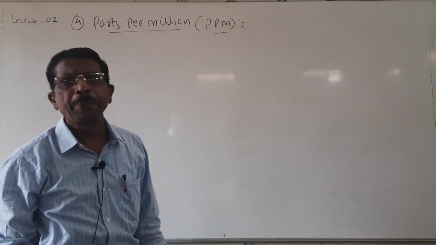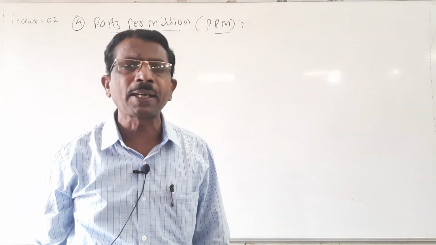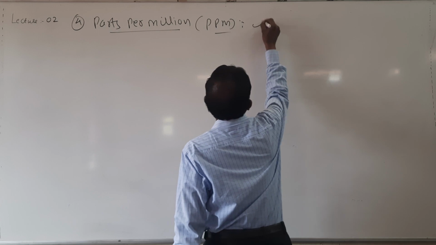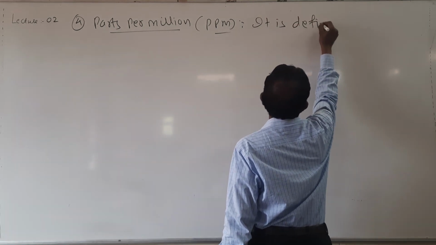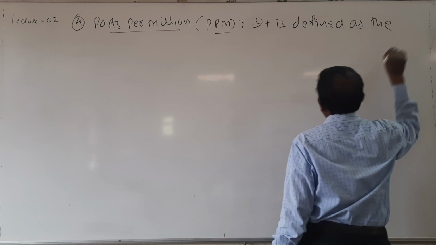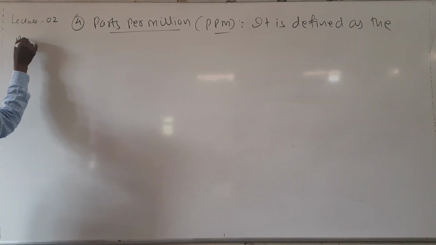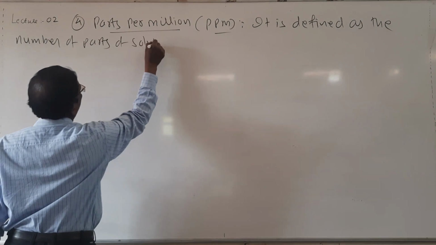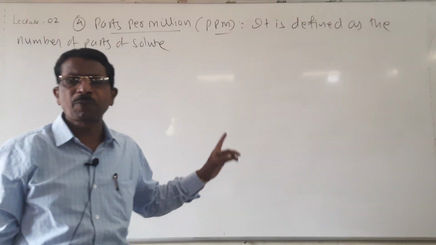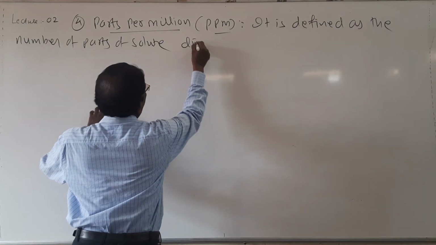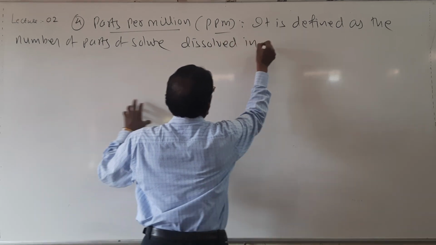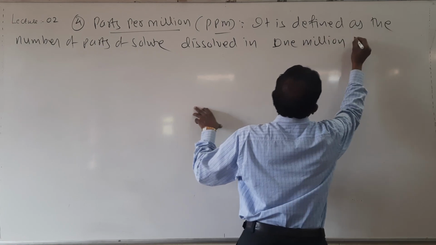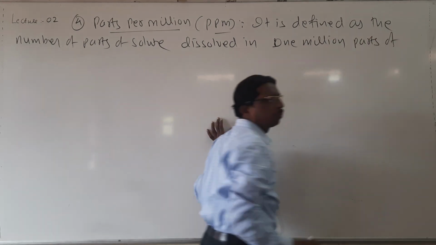Parts per million means 10 raised to 6, 10 to the power 6. Here it is defined as the number of parts of solute dissolved in 1 million parts of solution.